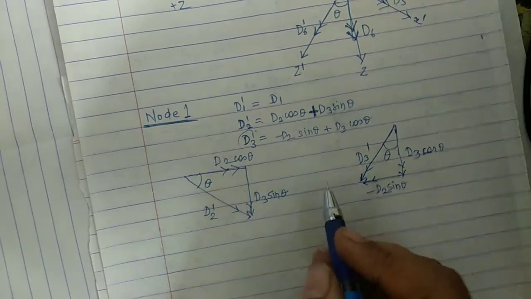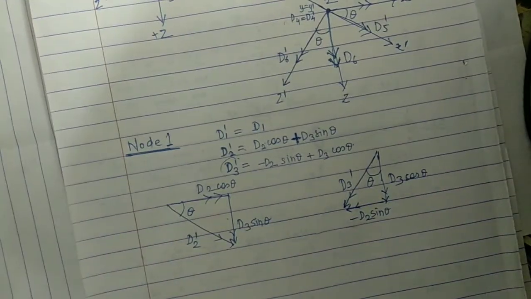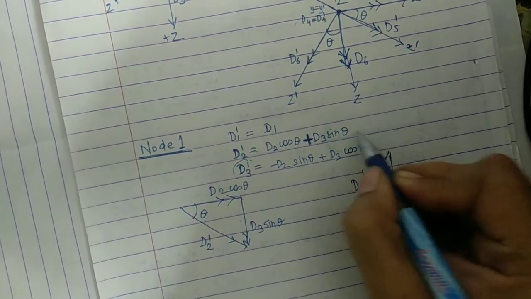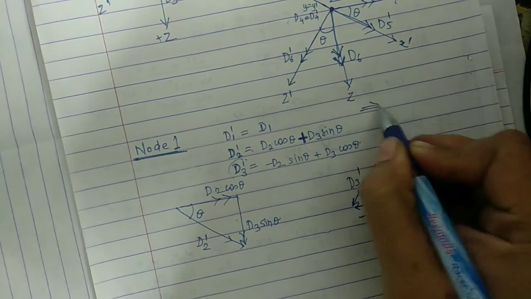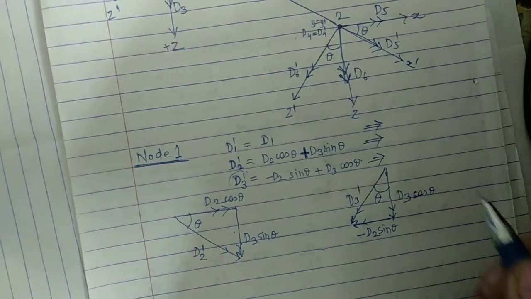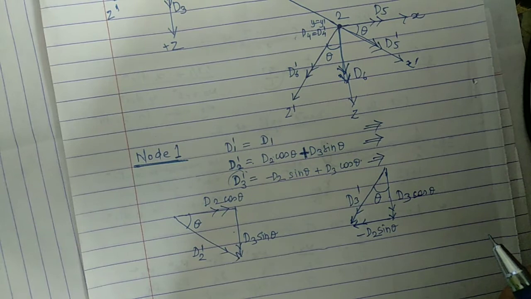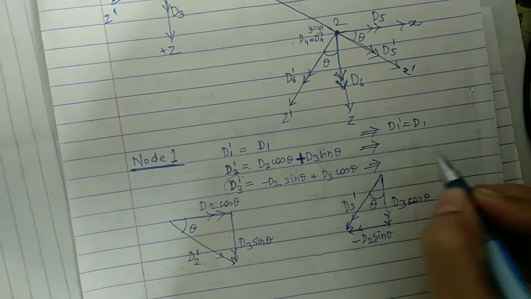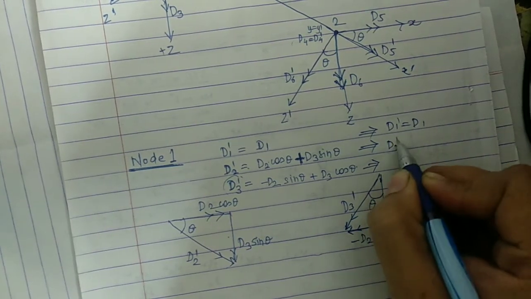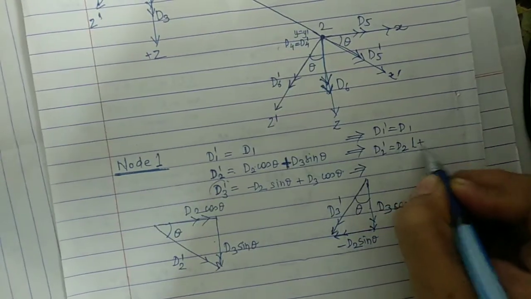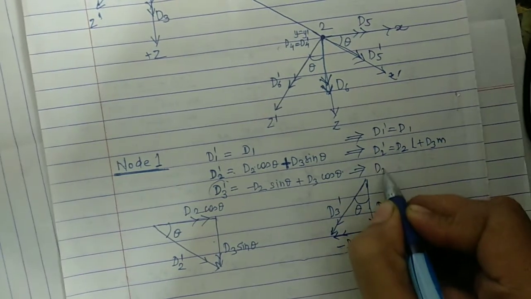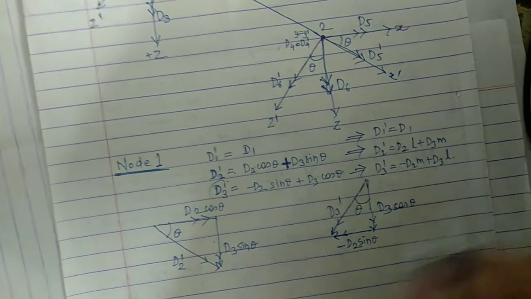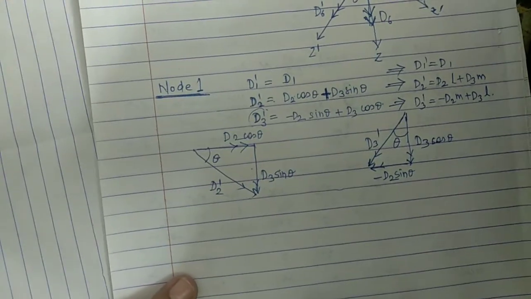Okay, and further we can write these equations in a simple form by taking cos theta equal to L and sin theta equal to M. So d1 dash is equal to d1, then d2 dash is equal to d2L plus d3M, and lastly d3 dash is equal to minus d2M plus d3L. This is at node number 1.